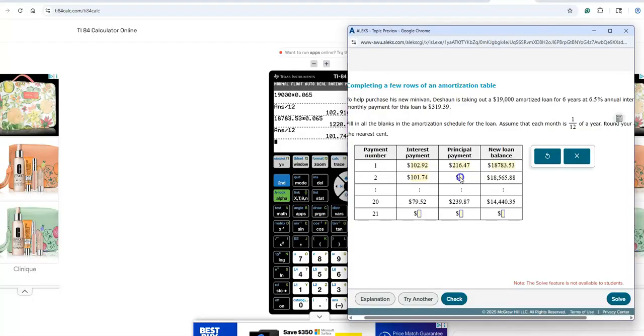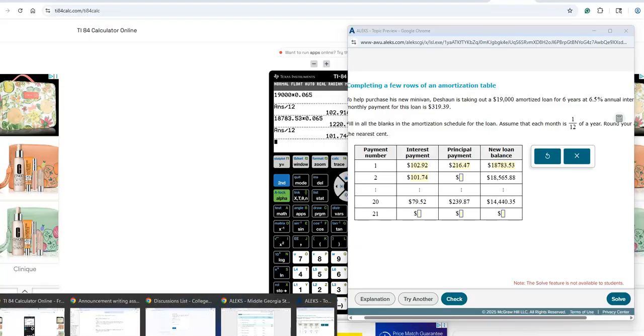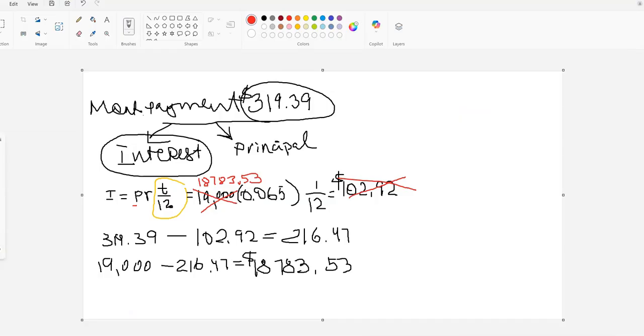Now, what will be the principal? What will be the principal? You can pause for a minute and calculate your principal, like I've done over here in the explanation. Well, I hope you calculated the principal. Now we have to calculate the principal payment.